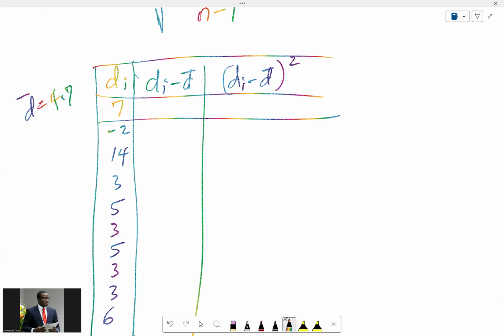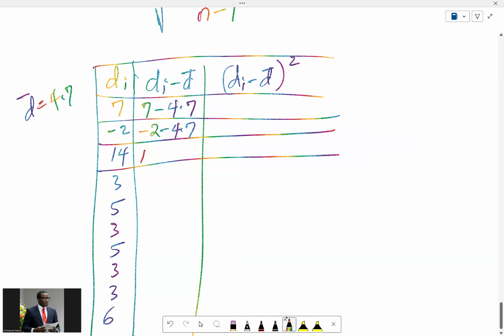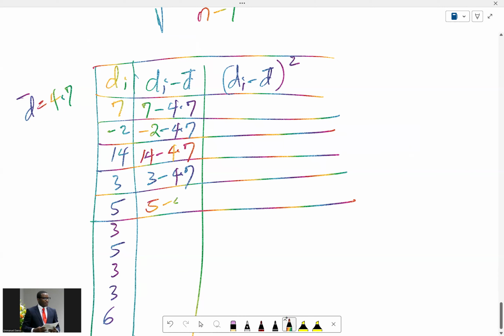So di minus d bar. This is 7 minus 4.7. And next we have minus 2 minus 4.7. Next you have 14 minus 4.7. Then 3 minus 4.7. Then 5 minus 4.7. Again, 3 minus 4.7.